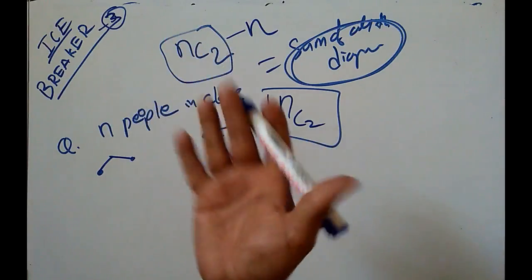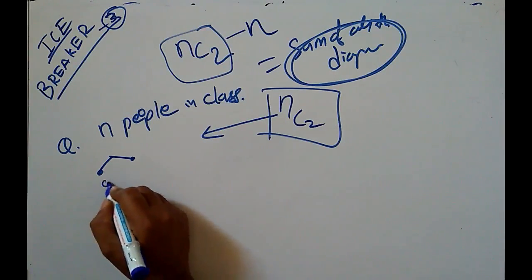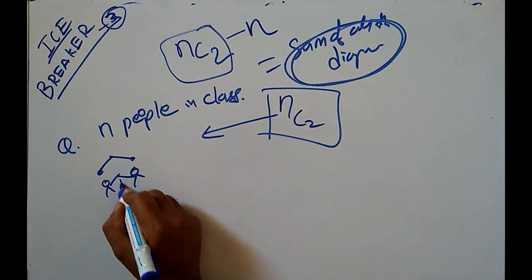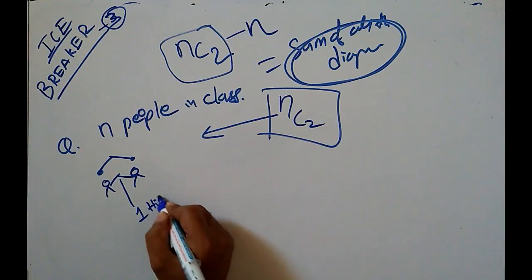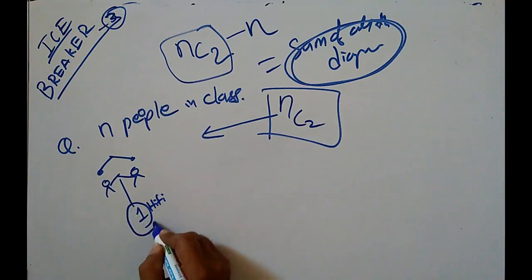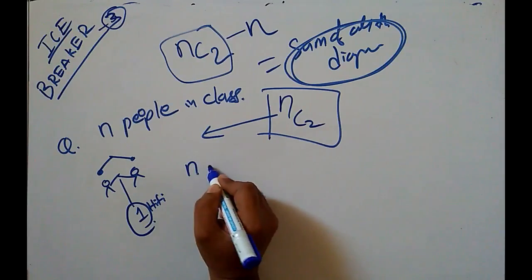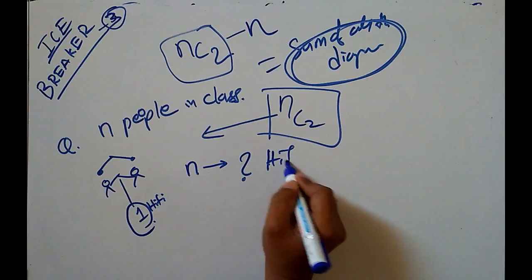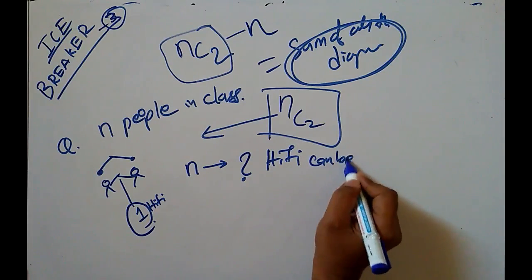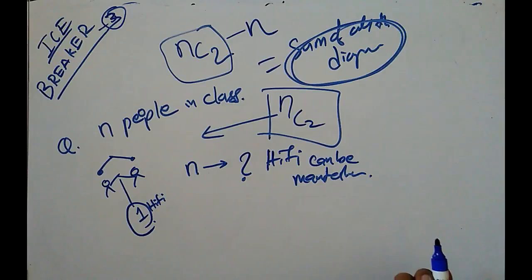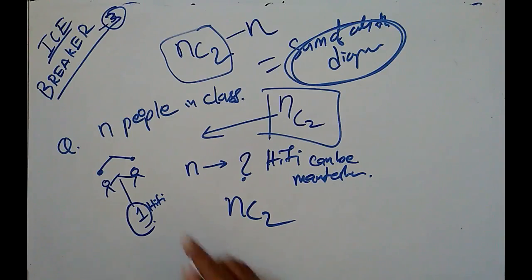Two persons give a high five, and it forms 1 high five. Two people come together to form 1 high five. Like that, if there are n people in the class, how many high fives can be manifested? The answer is NC2.